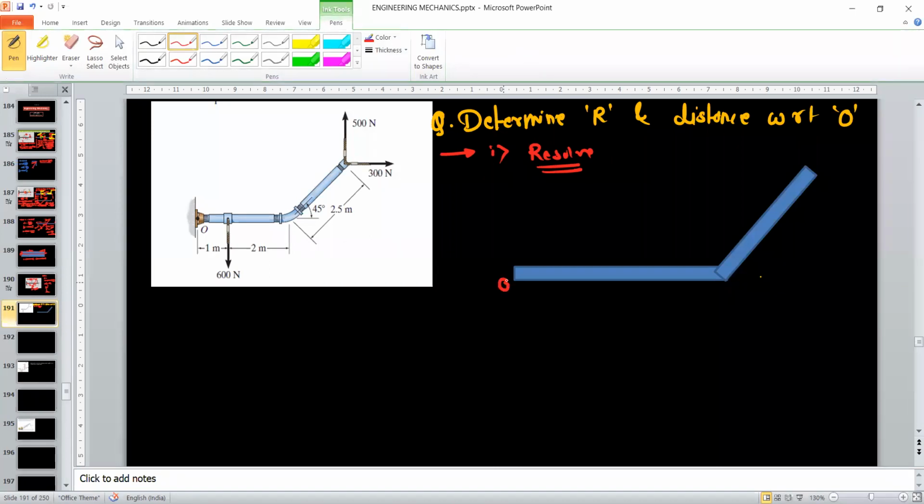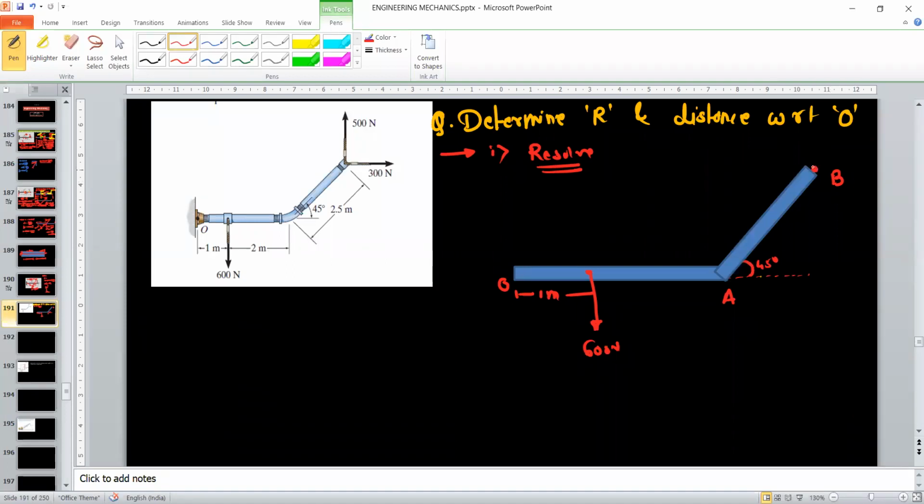So this is the point O, then this is point B, and consider this is point A. Now at this point, there is one force, which is 600 Newton, exactly in the y direction, and this is 1 meter. Then the angle of this bend is 45 degree, and this total length is 2.5 meter.